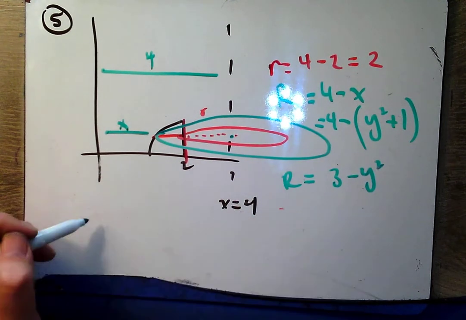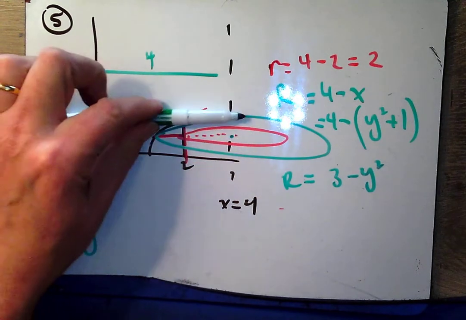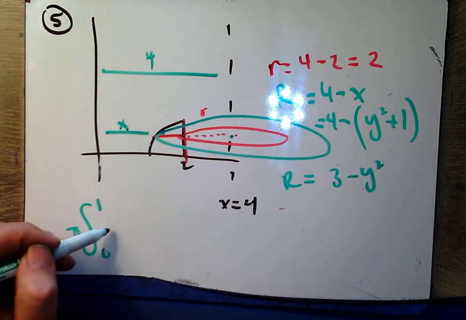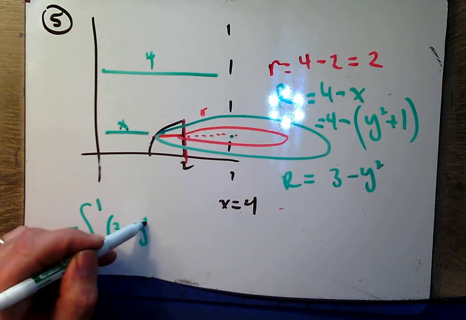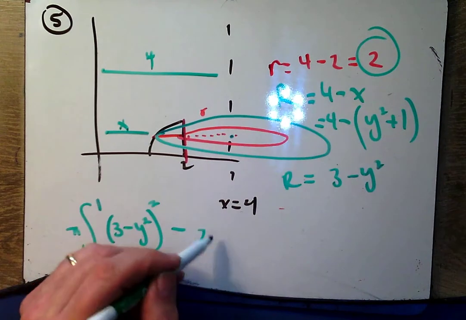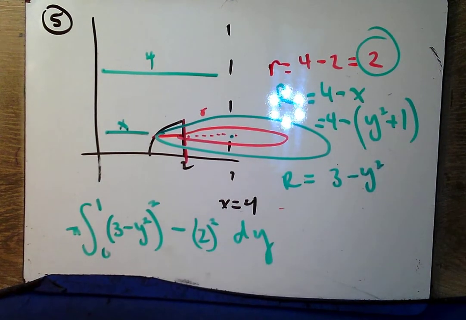So my integral here then would be pi, and it's dy, so we're going from 0 to 1. Big R is 3 minus y squared, squared, minus little r, 2 squared, dy. And I think that's my setup.